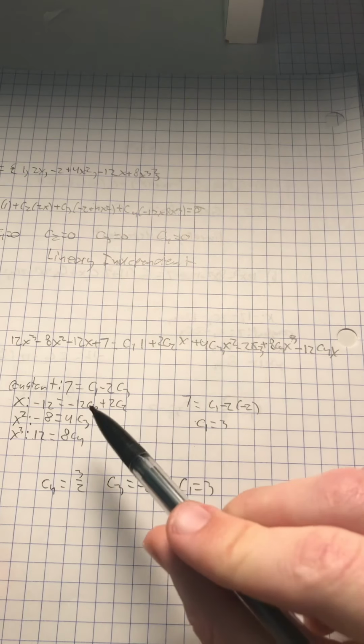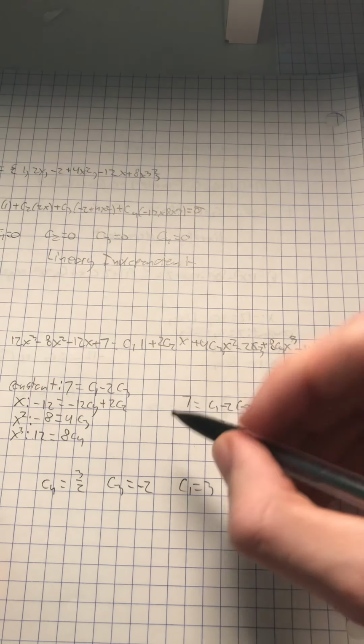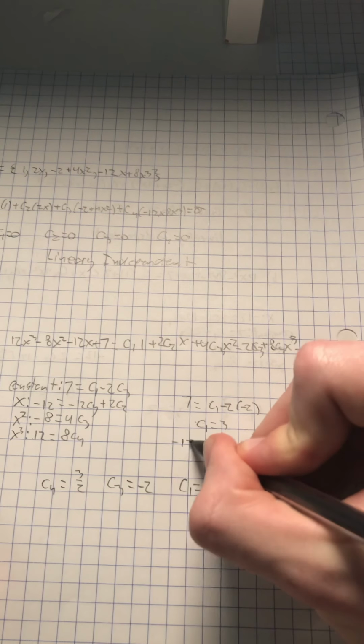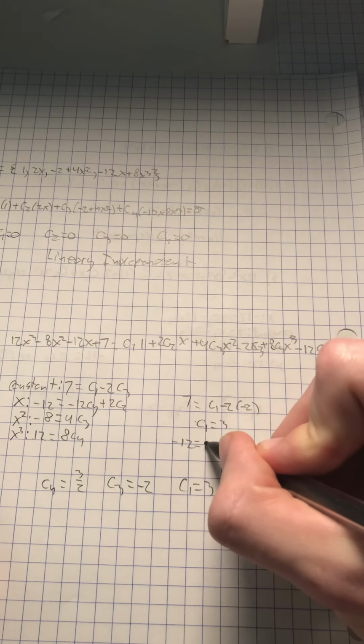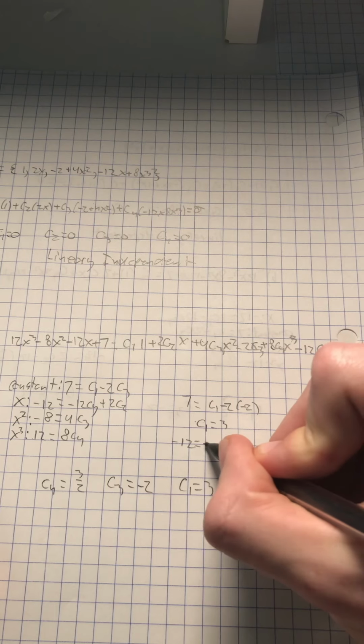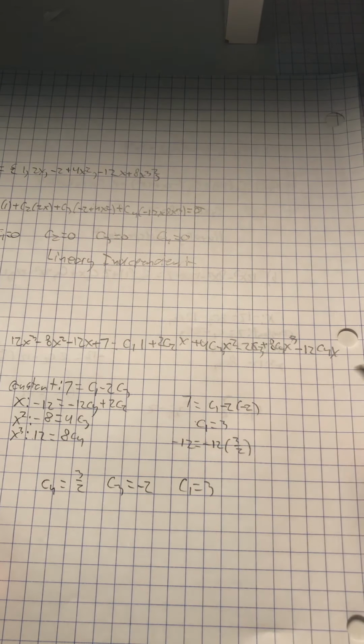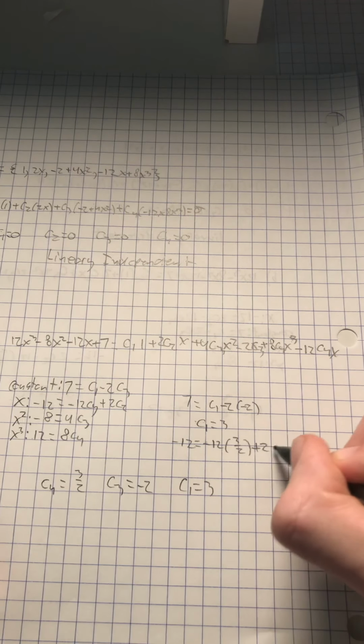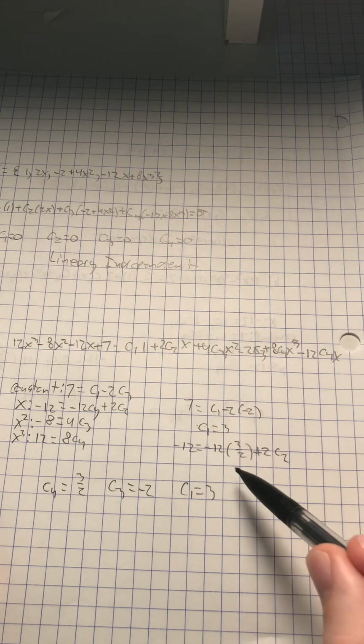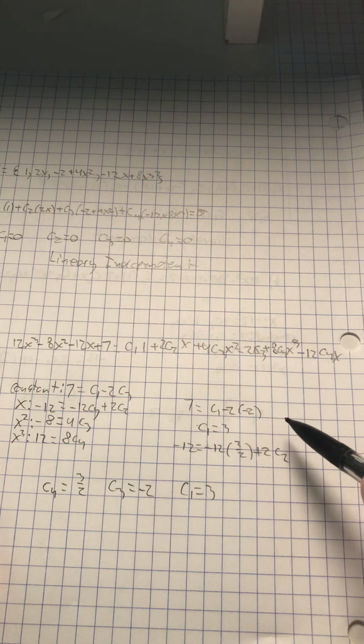And we can do the same thing. Negative 12 is equal to negative 12 times C4, which is 3 over 2, plus 2C2. So that's obviously 18.